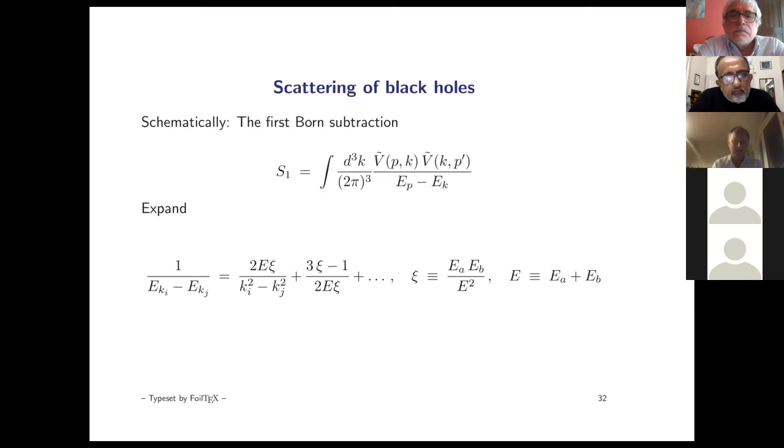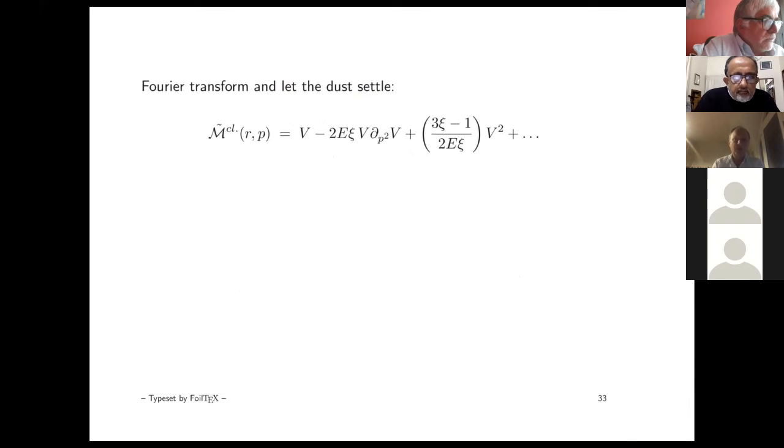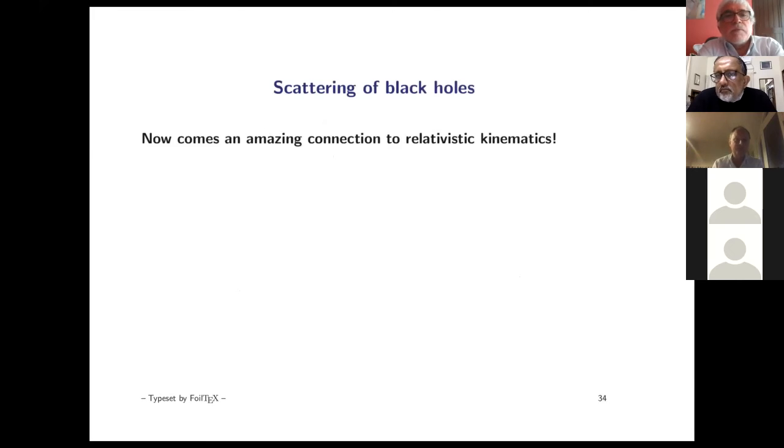The details are not so important. Just to follow that there'll be an expansion because we're in the small t limit. And if we then substitute it into the Lippmann-Schwinger equation and take the classical limit, we get a relation between the classical amplitude and the potential, which is an infinite series. That's the way it is.